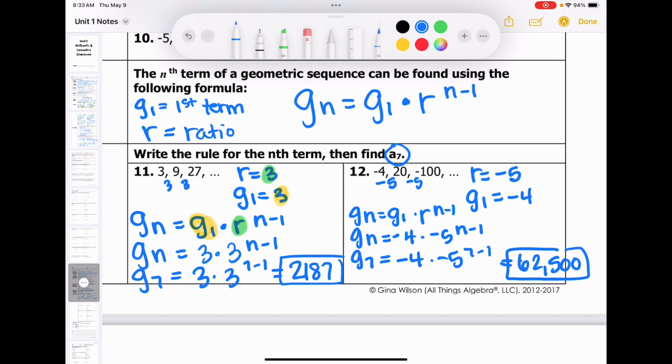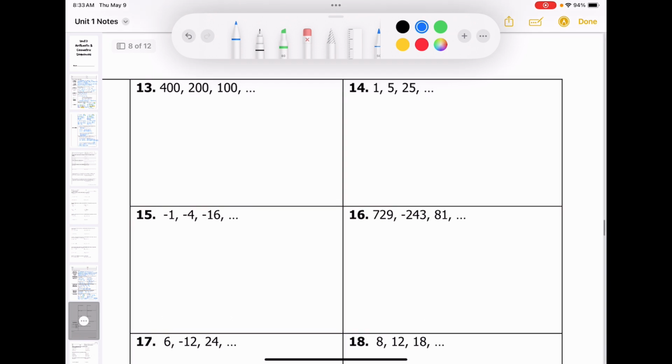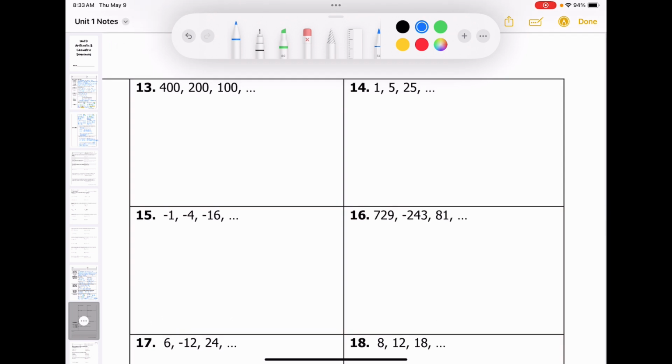All right, let's look at page 7. All right, so we have 400, 200, 100. Okay, this time when I divide those numbers by each other, I get 1/2. So my R value is 1/2. And then my G1 is 400.